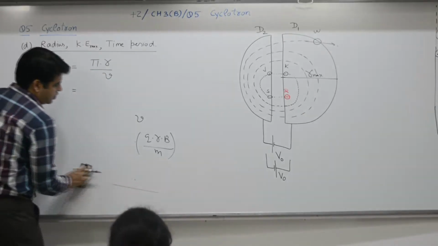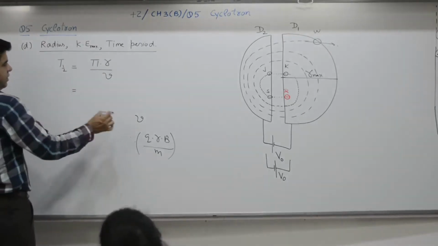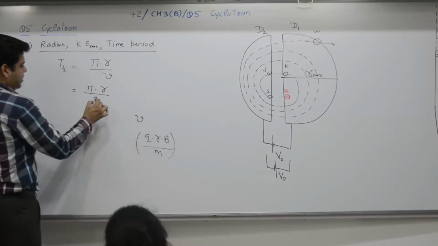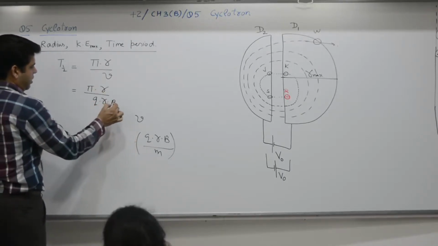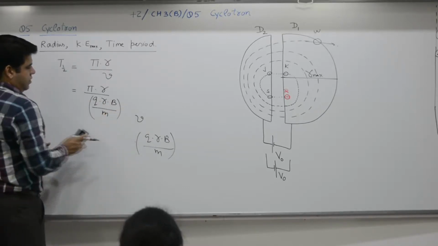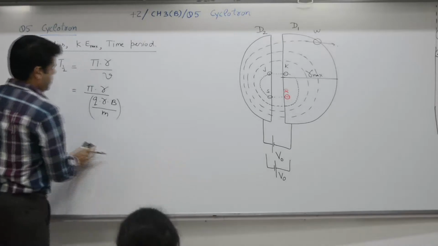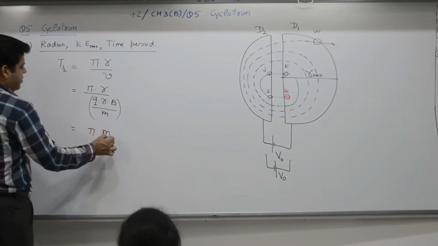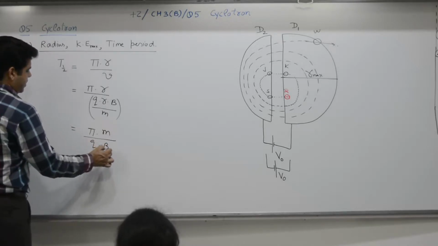V was equal to Q R B by M. So Pi r divided by V, V was equal to Q R B by M. Yes, what you get is pi M by QB.